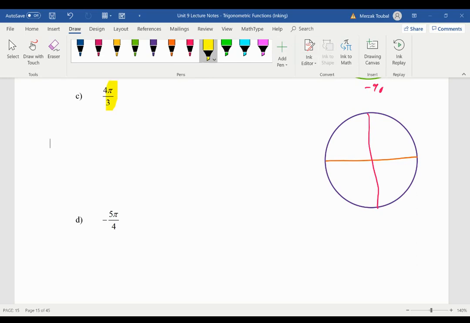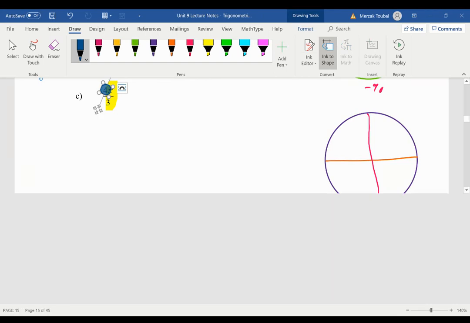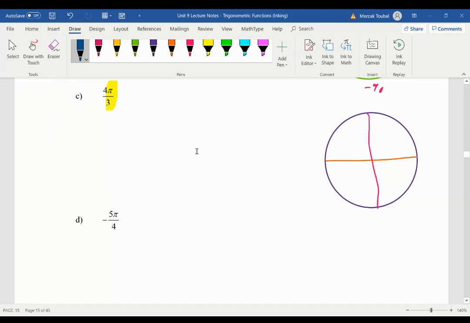Pi over 3 is equivalent to 60 degrees. So it means 4 times 60 degrees.